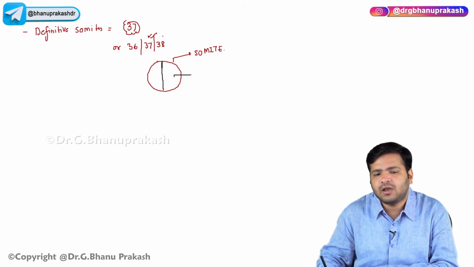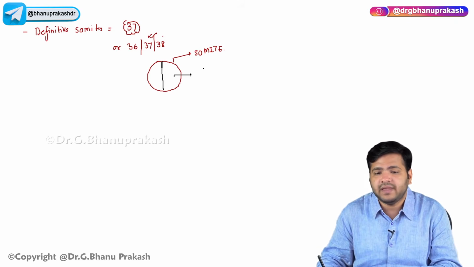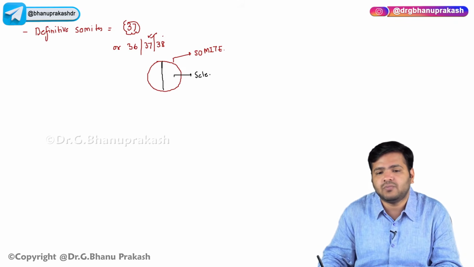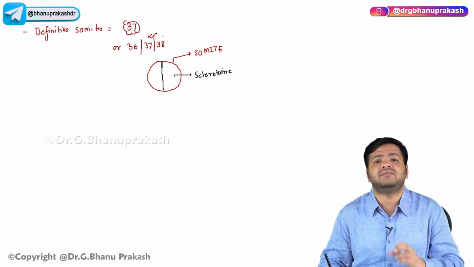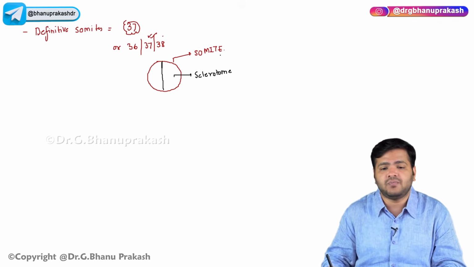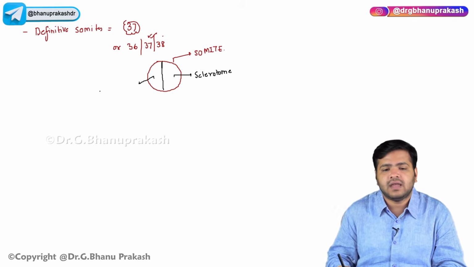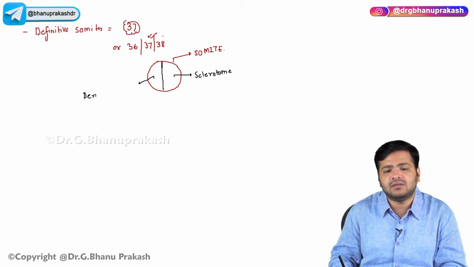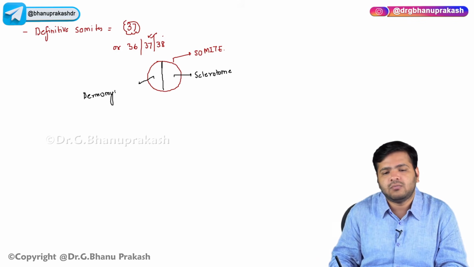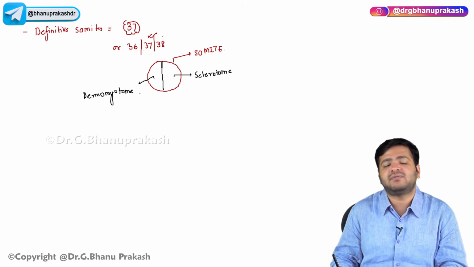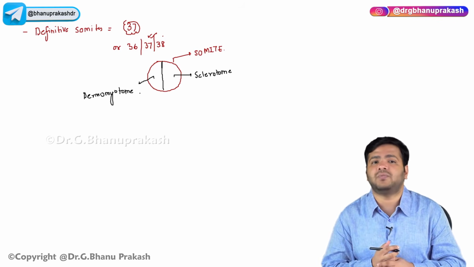One part is called the sclerotome, and the other one is called the dermamyotome or dermomyotome. We have the sclerotome and the dermomyotome, right?